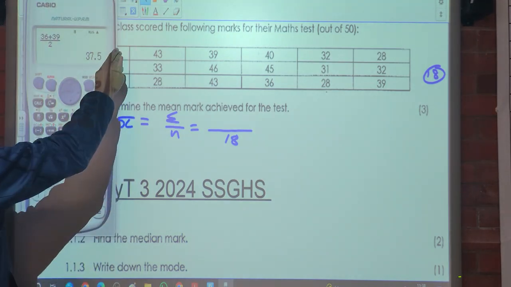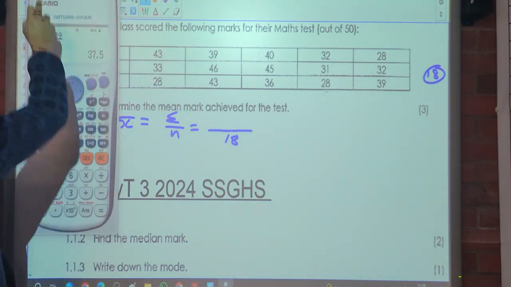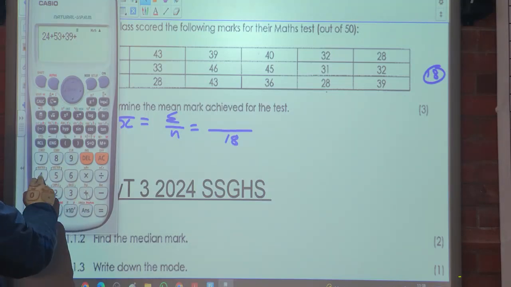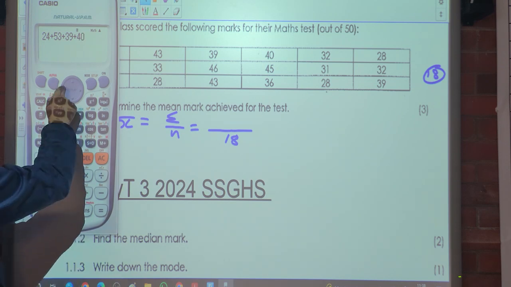So let's go. The first number is 24. 24 plus 43 plus 39 plus 53, 43.